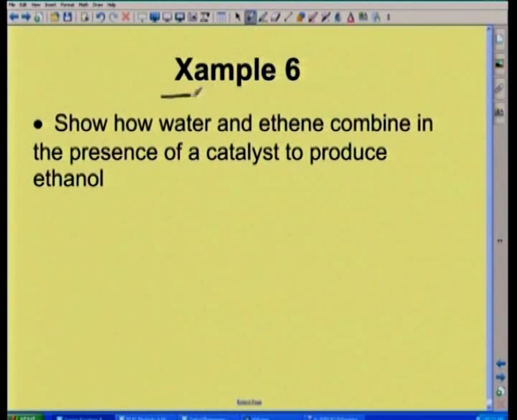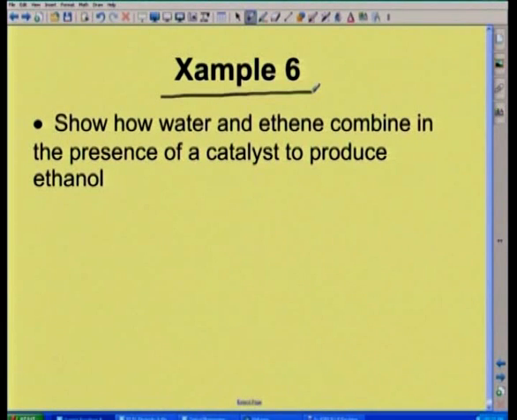Let's look at example 6 now and see how hydration takes place. Show how water and ethene combine in the presence of a catalyst, which could be platinum, to produce ethanol. So the alcohol that is going to be formed is ethanol. Why ethanol?